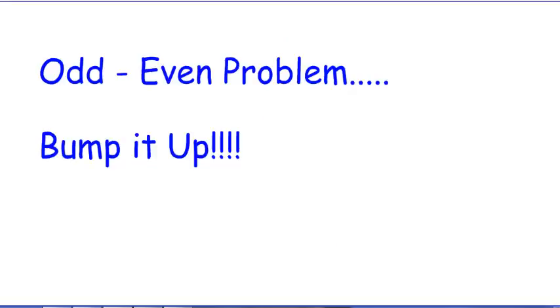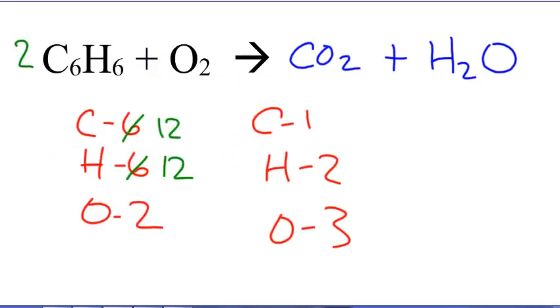So what we have to do is go way back to the beginning of the equation, and I'm going to put a 2 at the very beginning. Now I have 12 carbons and 12 hydrogens instead of 6 and 6. To fix it on this side, I put a 12 in front of the CO2, mark it down here. Oxygen will change, so I just exit out. I put a 6 in front of the H2O.